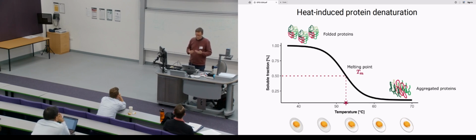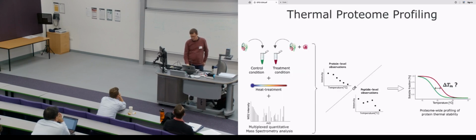So people do these kinds of experiments because they're interested in discovering what proteins are interacting with. So they'll take a mixture that contains proteins. They'll add, say, a drug, like a small molecule, and they're interested in which proteins that small molecule is binding with. So they'll do this denaturization experiment and look to see whether this curve changes.